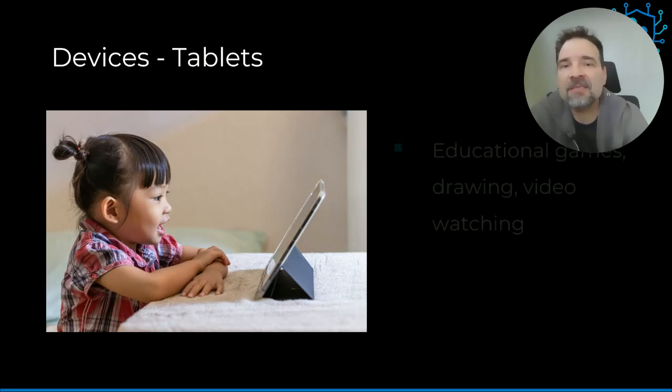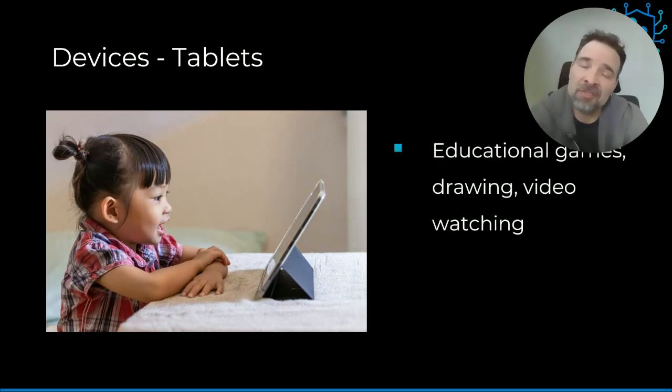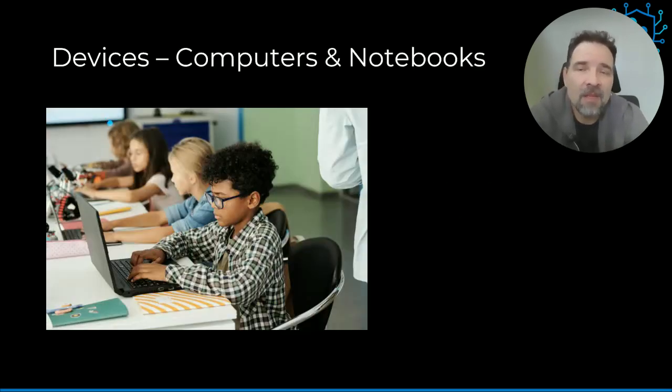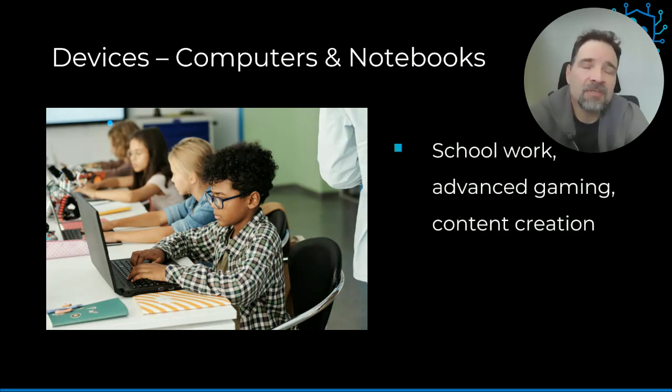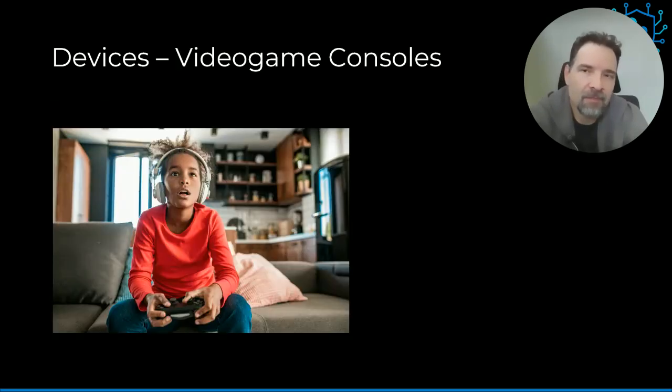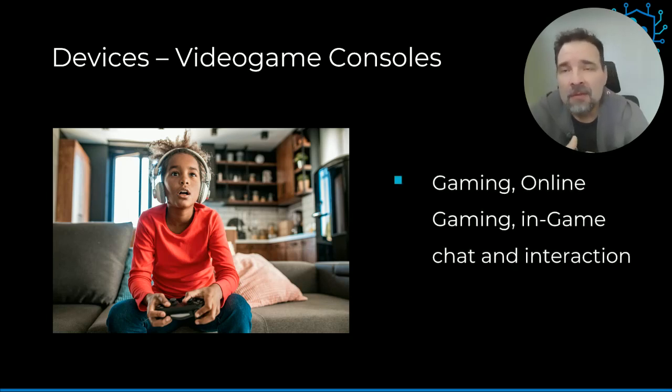When you talk about tablets, we're talking about devices mostly used for educational games, drawing, and video watching. Computers and notebooks are mostly used for schoolwork, advanced gaming, and content creation. Video game consoles are used for gaming: local gaming, which is the use of an app that you download and install on the console, and then you can play regardless of being connected or not.